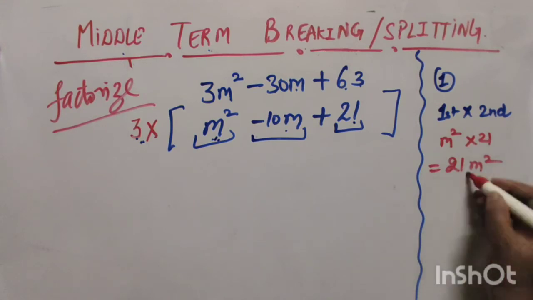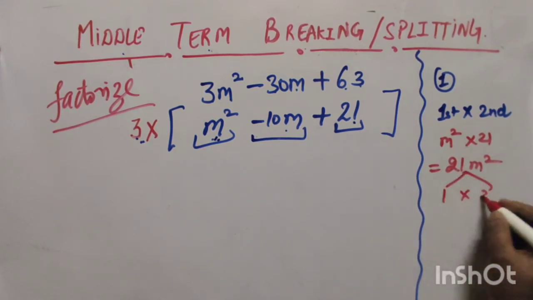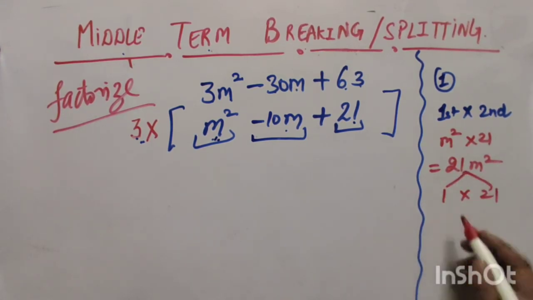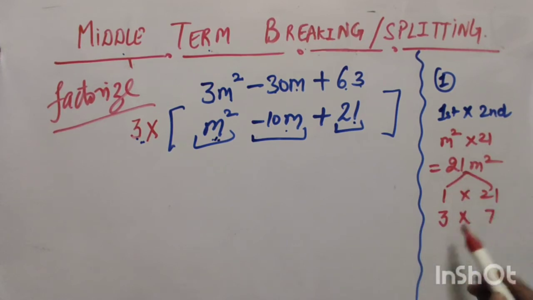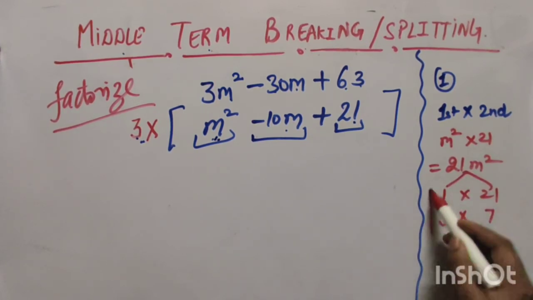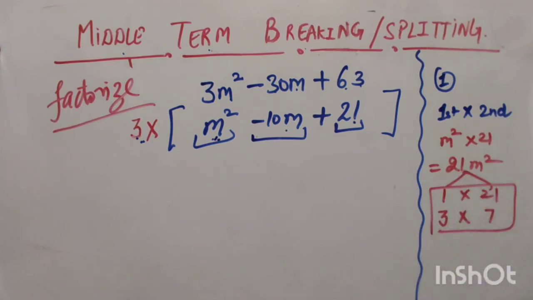If I factorize the number 21, it will not be divisible by 2, but it will be divisible by 3 into 7. It will not come in 4, not in 5, not in 6. So these are the factors of the given number. Right, children? Now we have 2 groups. This is the first group and this is the second group.